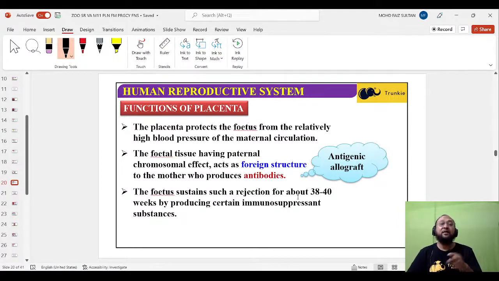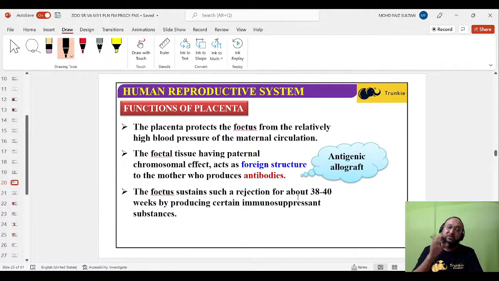The fetal tissue, having paternal chromosomal effect, acts as a foreign structure to the mother, which produces antibodies.